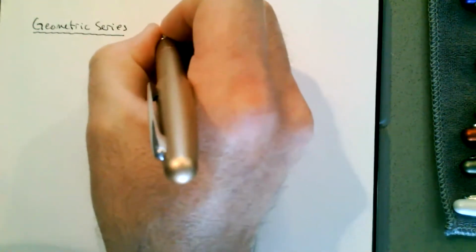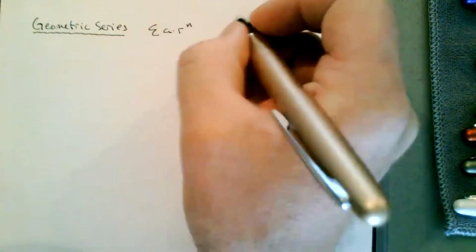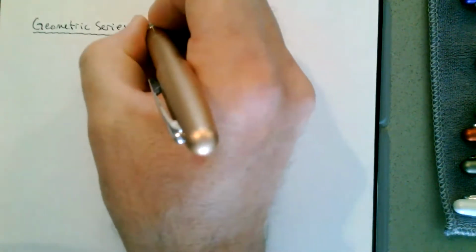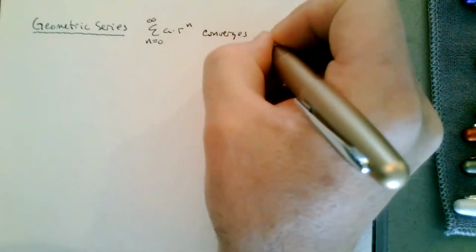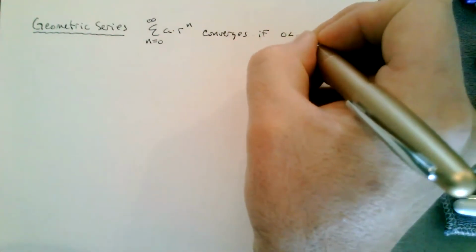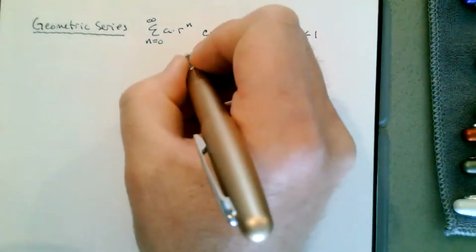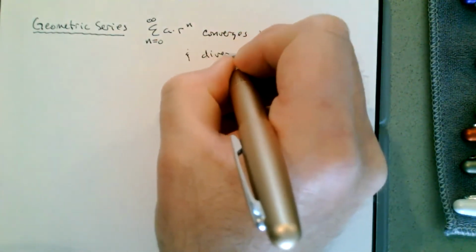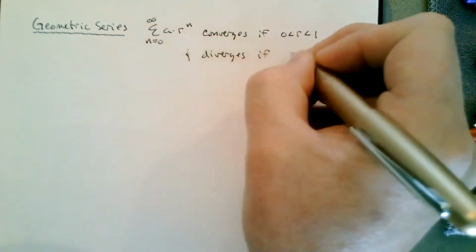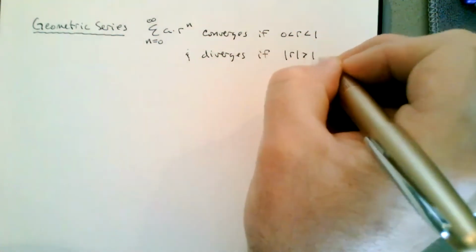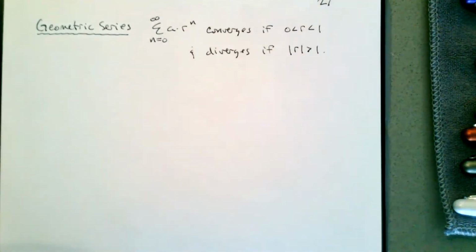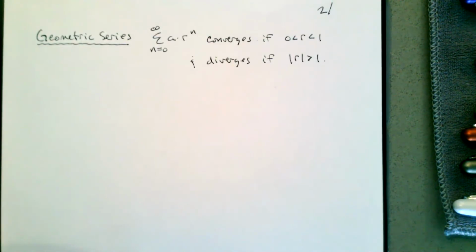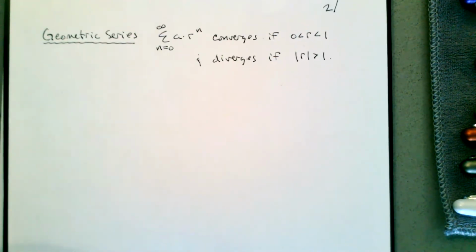So the series a times r to the n converges if r is between 0 and 1, and diverges if r is greater than 1. So now we have another class of series, and we can determine if it converges or diverges just by looking at it.